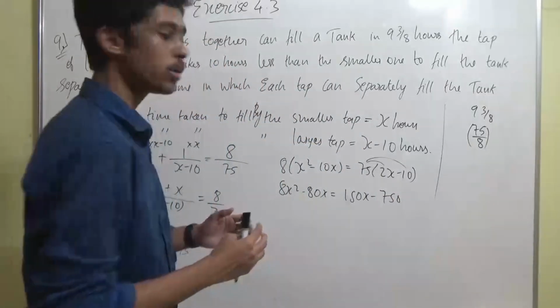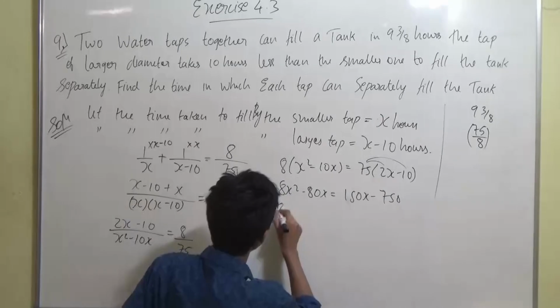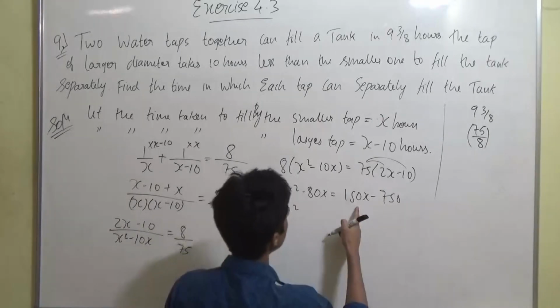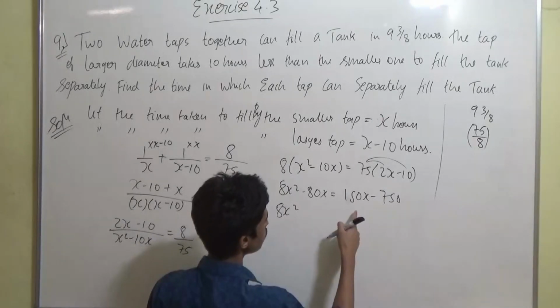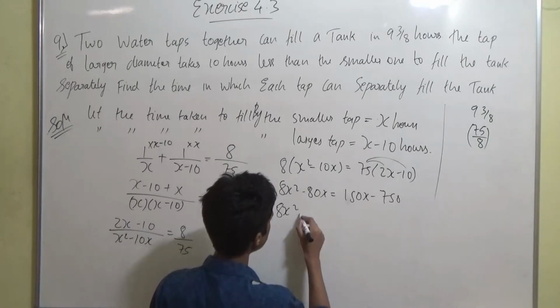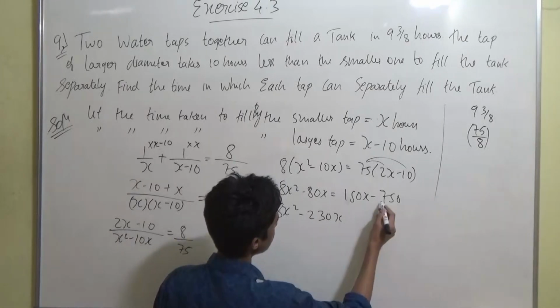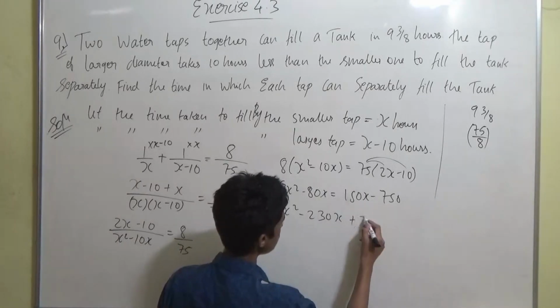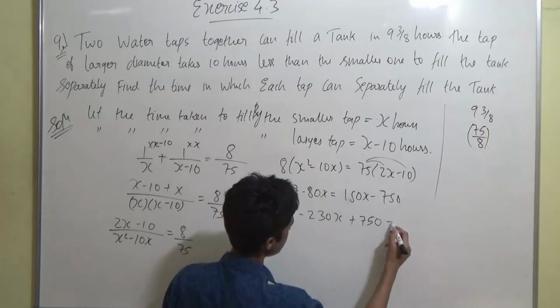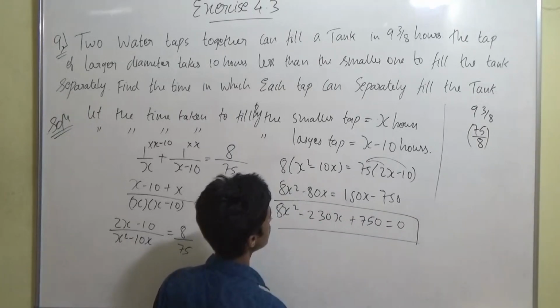Getting it, guys? Now I'll bring all the terms to the LHS. It will become 8x square, when 150x comes this side it will become minus 150x, so minus 80x minus 150x will become minus 230x, and when the minus 750 comes to the LHS, it will become plus 750 equal to 0. So this will be the quadratic equation, guys. From this equation you have to find the value of x, right?